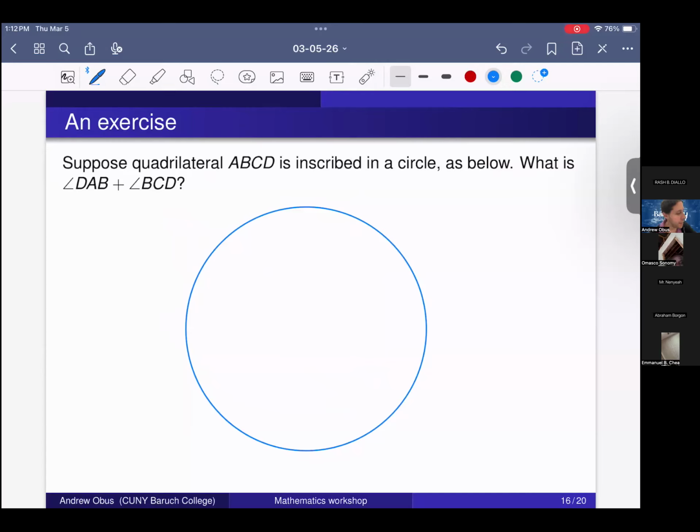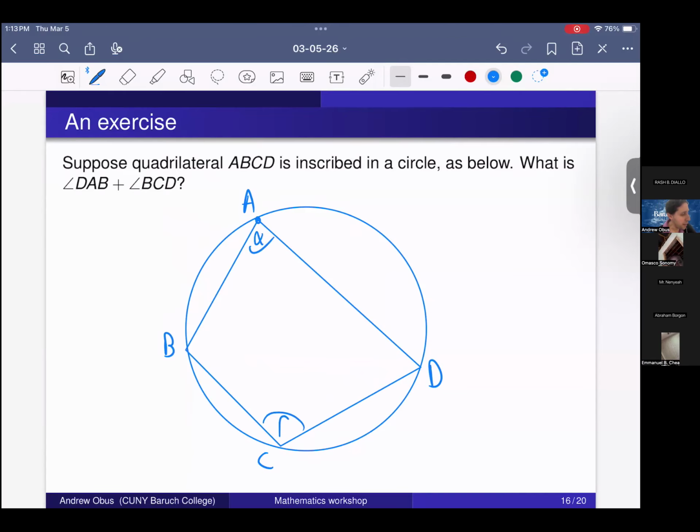So second exercise, I have a quadrilateral ABCD inscribed in a circle, shown below. Angle DAB, I'll call alpha, and angle BCD, I'll call beta.